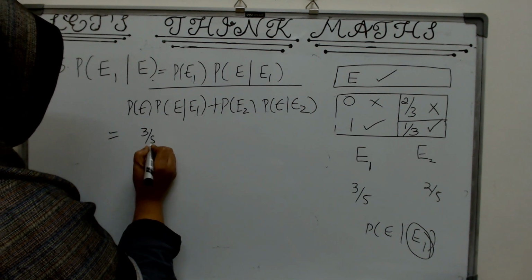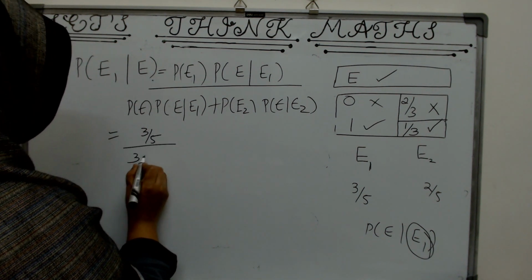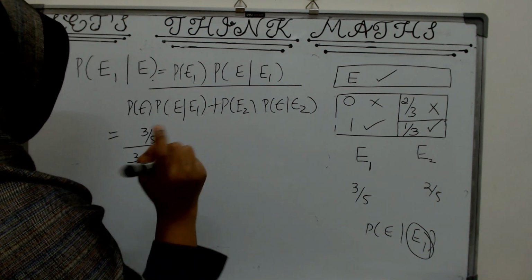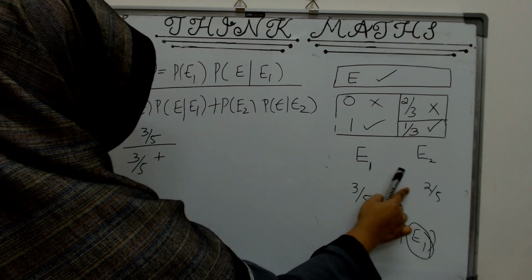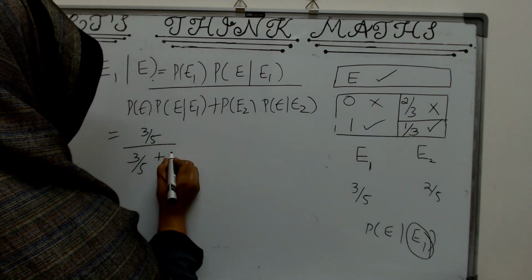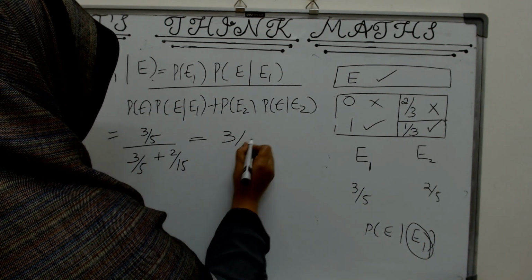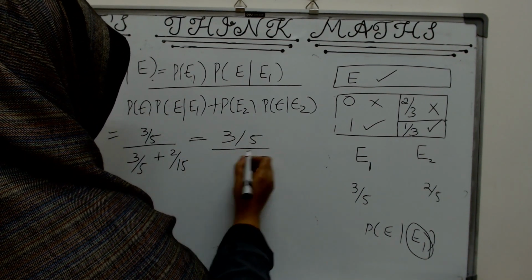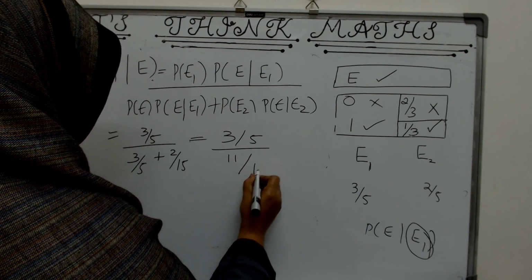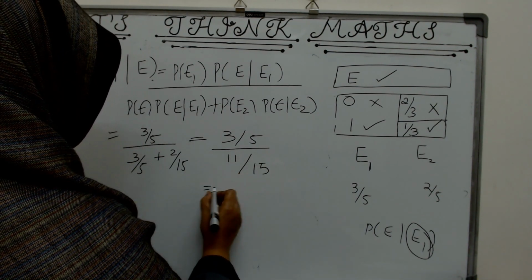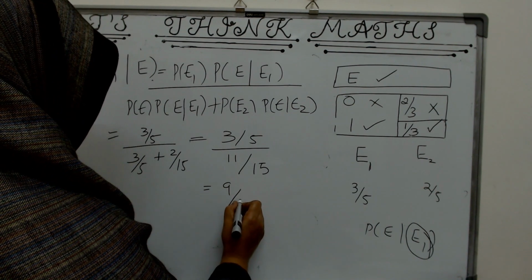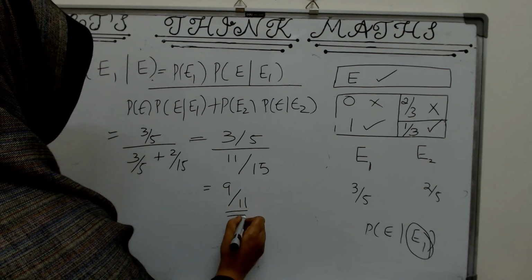So that is 3 by 5 here. The same term comes down but with one extra term. What is this? 2 by 5 into 1 by 3. That would be 2 by 15. It would be 3 by 5 divided by 11 by 15. And that would be 9 by 11. So this is our answer.